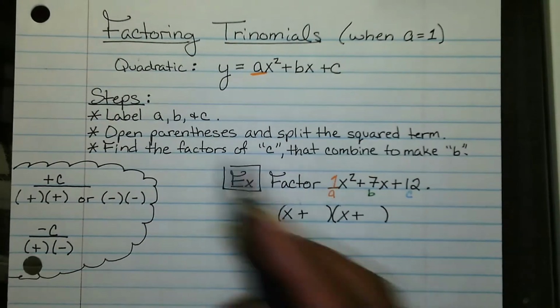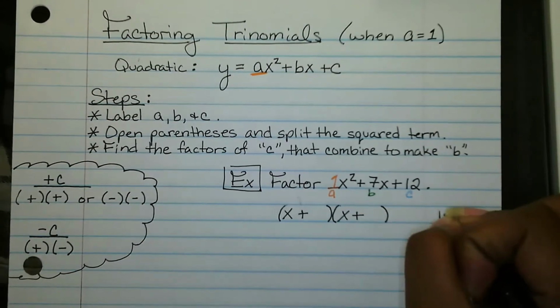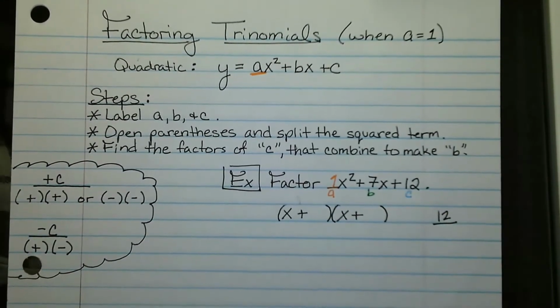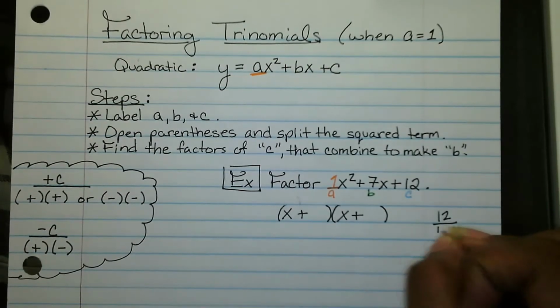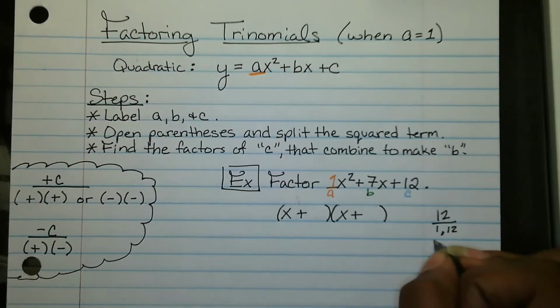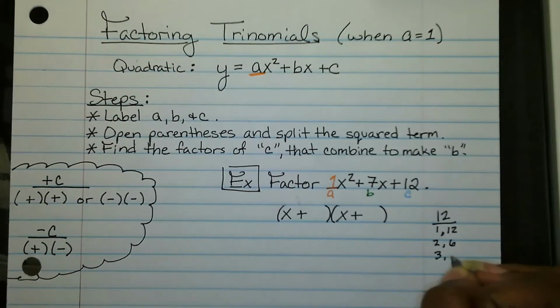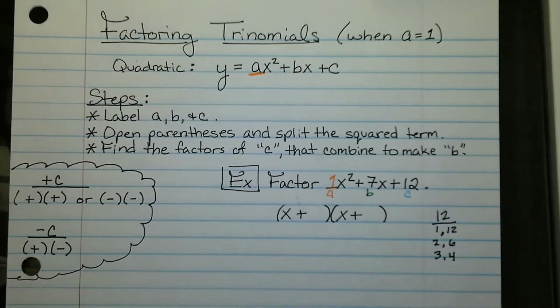Alright, now we find the factors of c. Well, our c is 12. So what are the ways we can make 12 through multiplication? Well, we can do 1 times 12, 2 times 6, and 3 times 4.